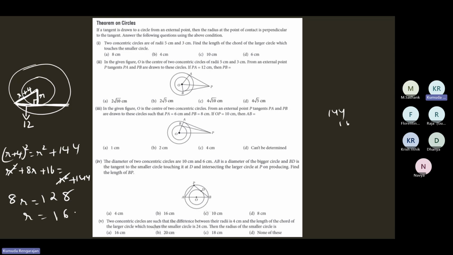What should we find? The radius of the smaller circle. Yeah, 16. Correct, children? Yes, ma'am.